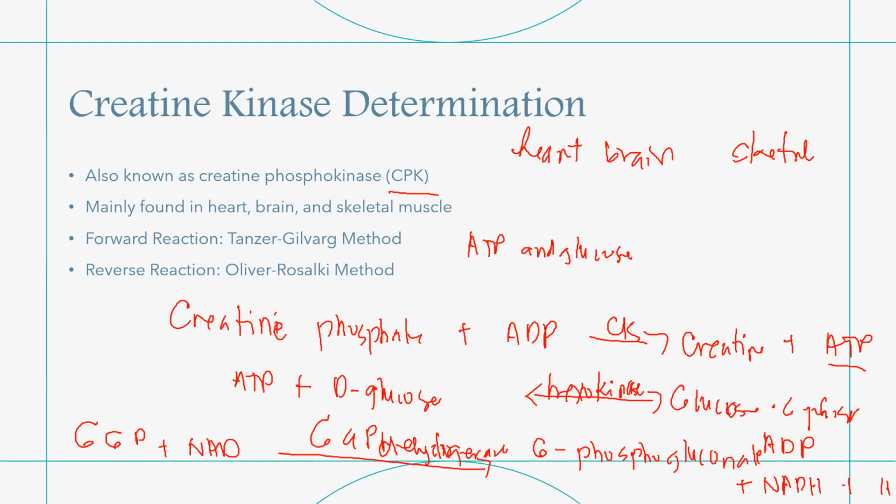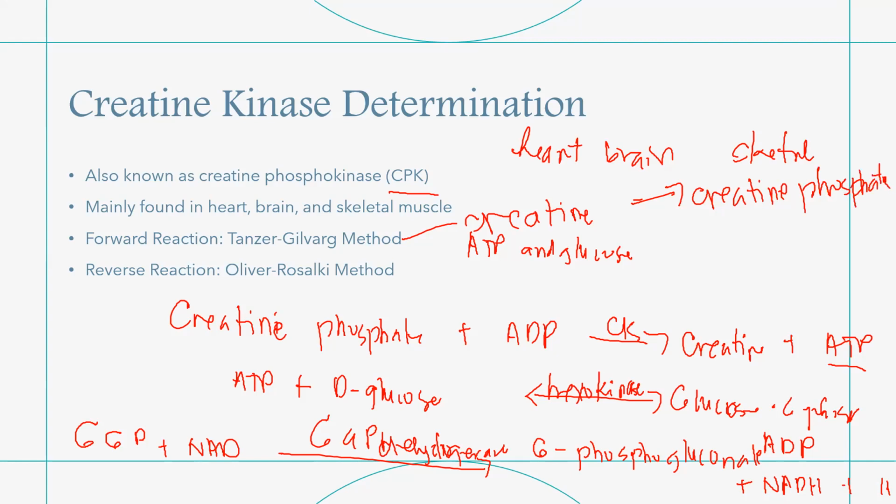So, like lactate dehydrogenase, we have the forward and the reverse reaction. What is the forward reaction? For the forward reaction, we have the Tanzer-Gilvard method, which assesses the rate of the forward reaction in which creatine is converted to creatine phosphate.